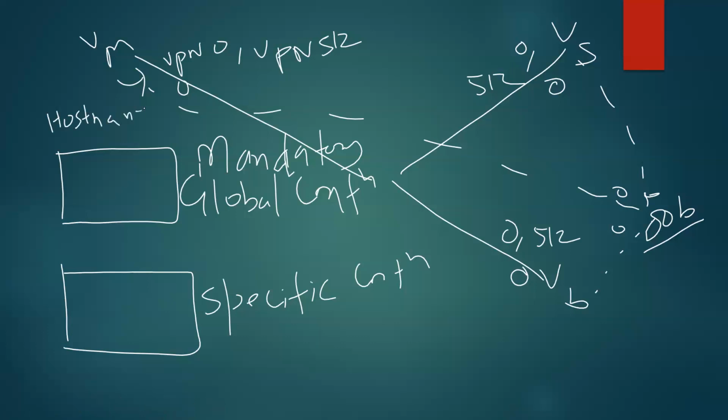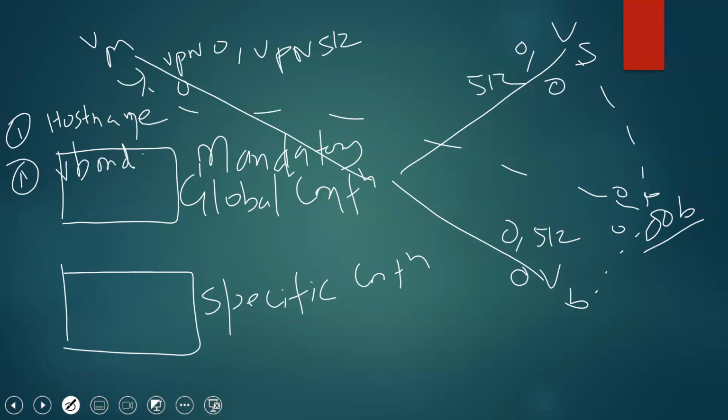What's the host name? Host name. Then you have to define the vBond IP. Remember, all the devices in a fabric, either data plane or control plane, should know the vBond IP.